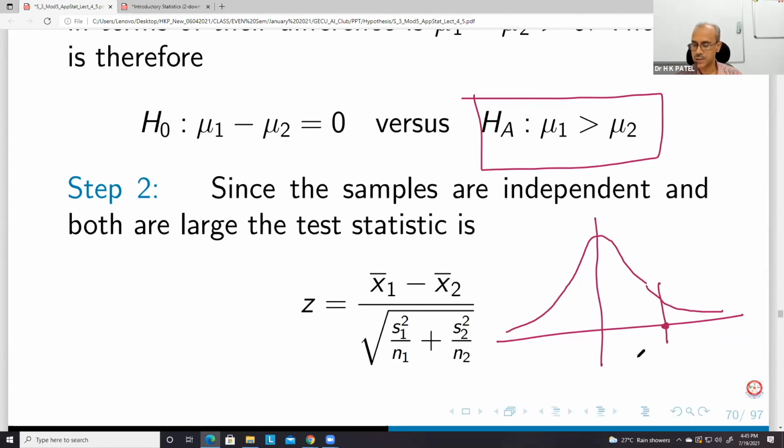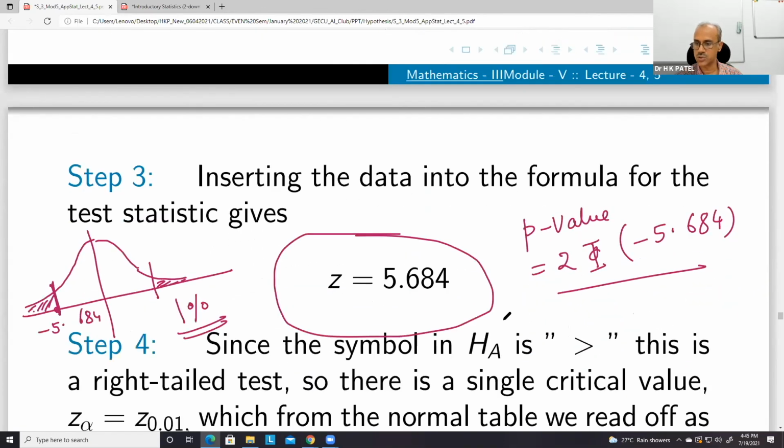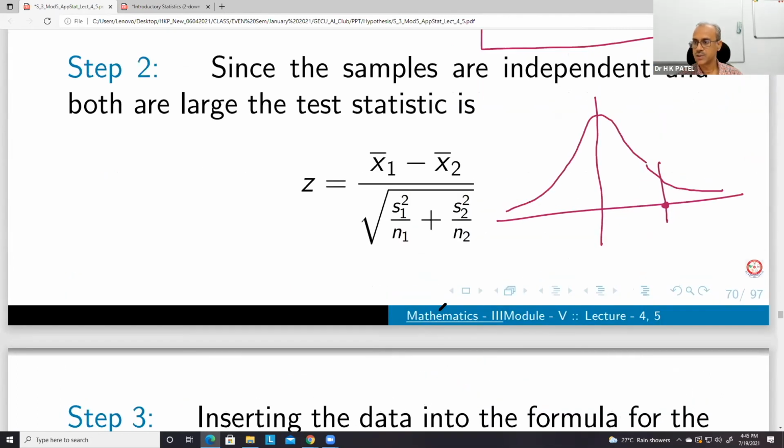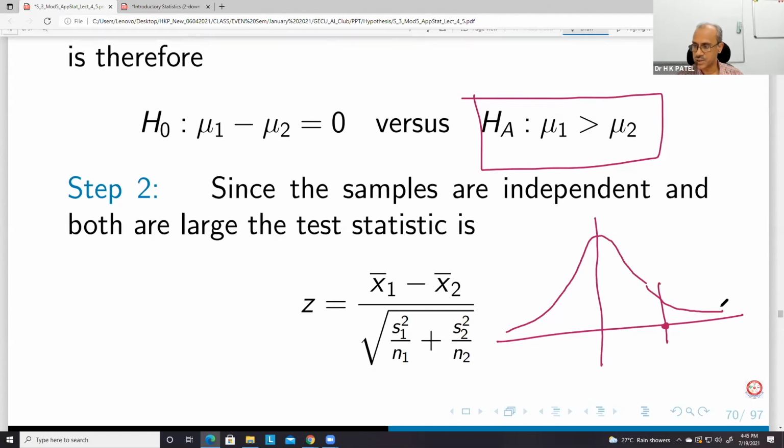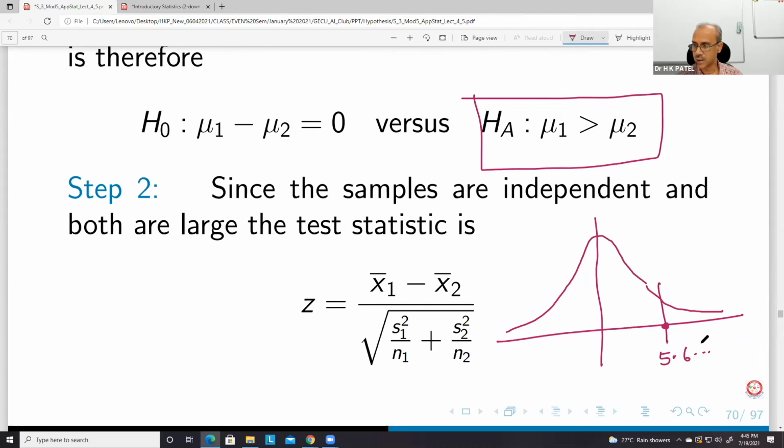Sorry, I thought it was two-sided, but it is not two-sided. That was the case for two-sided. So it is one-sided, and suppose this is Z, which is actually 5.6 something. So you have to find this area.